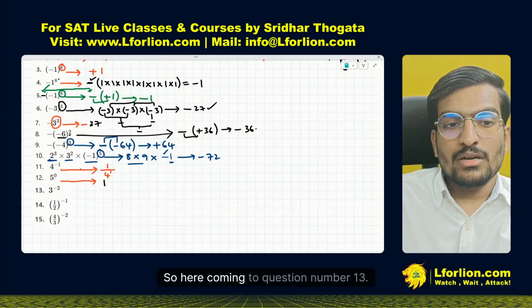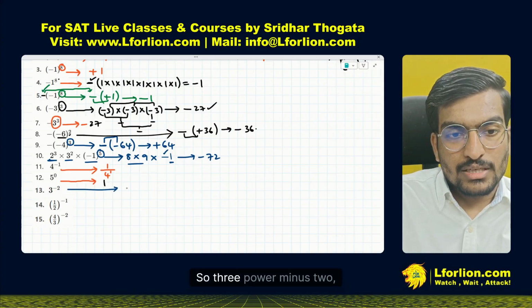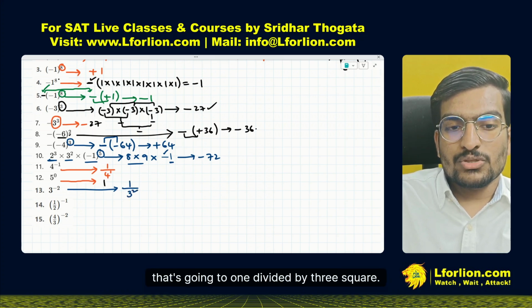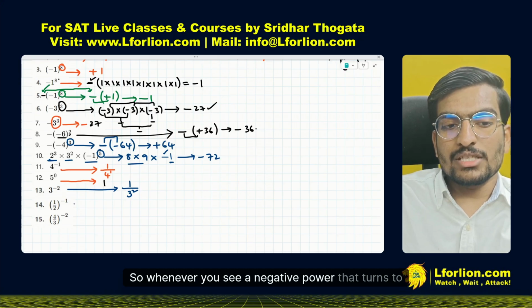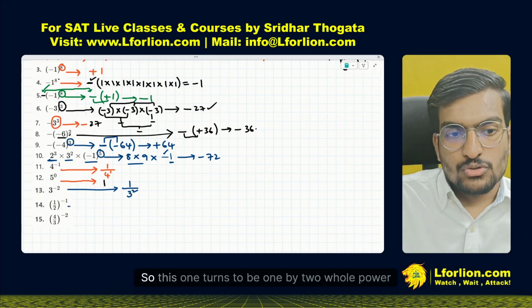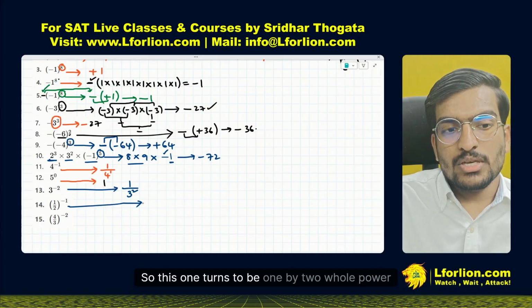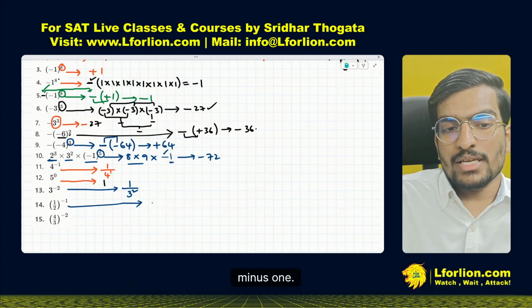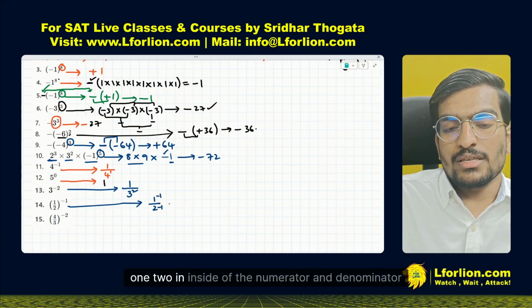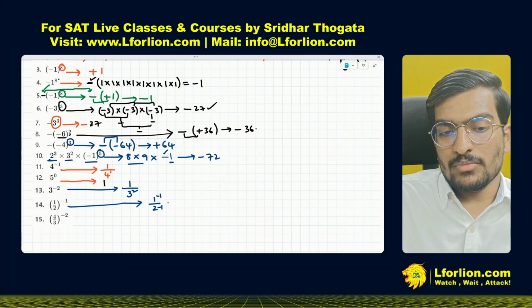So here, coming to question number 13, 3 power -2, that's going to be 1 divided by 3 square. So whenever you see a negative power, that turns to be a denominator and the exponent becomes positive. So this one turns to be 1 by 2 whole power -1. First step, you just have to distribute this -1 to the numerator and denominator, instead of the whole bracket.